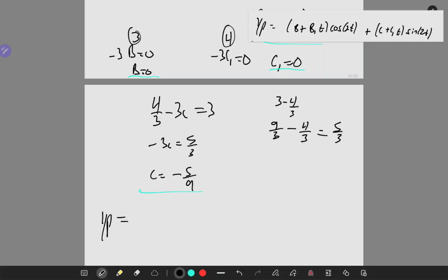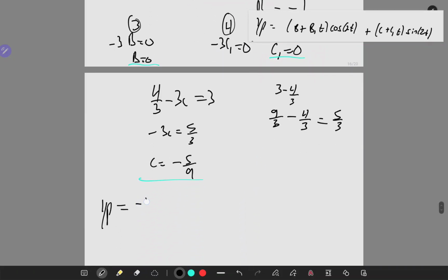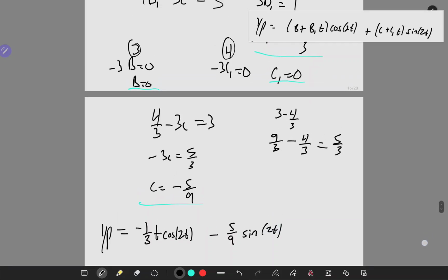So we have b1, which was -1/3, times t times cosine of 2t, plus c, which is -5/9, sine of 2t. So then that's minus. And that's it, because the other terms would be 0, right? Because b is 0 and c1 is 0.